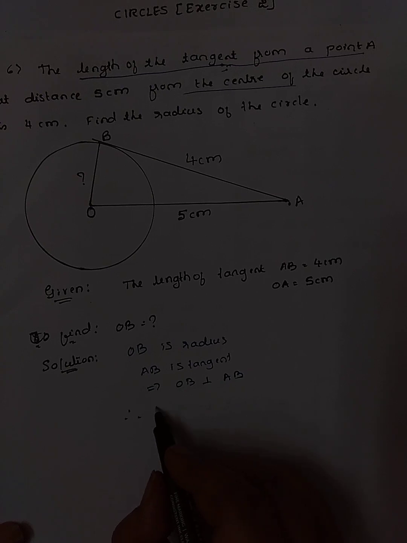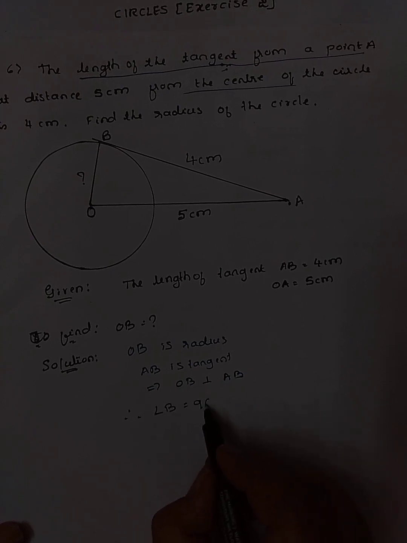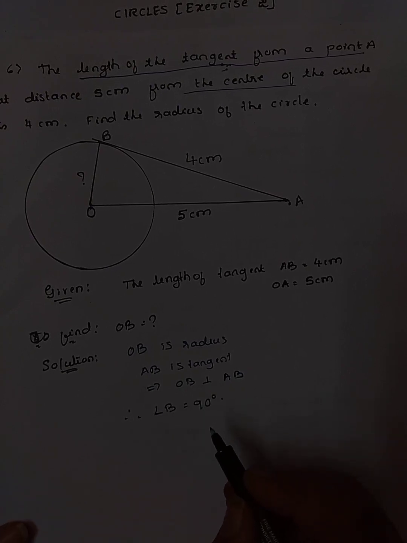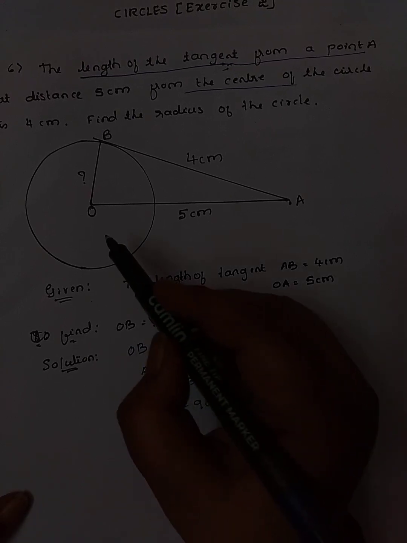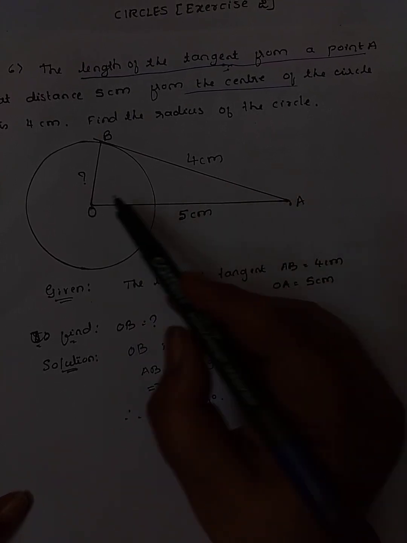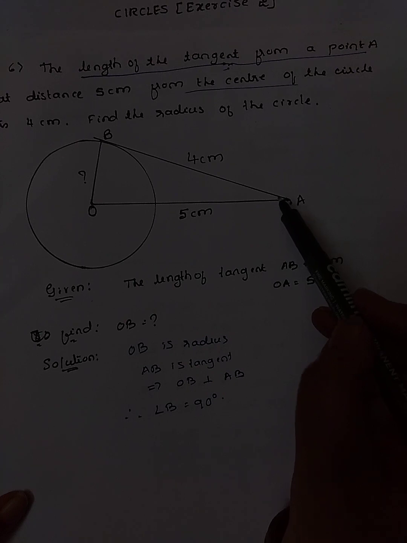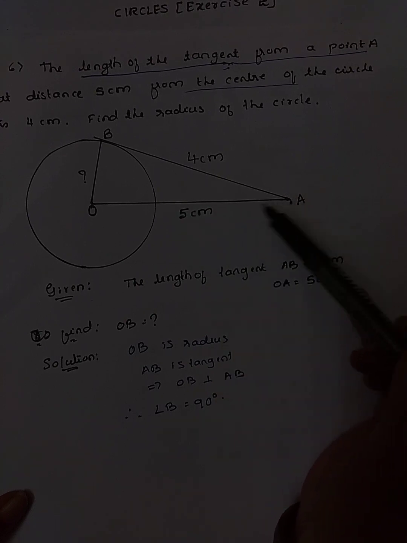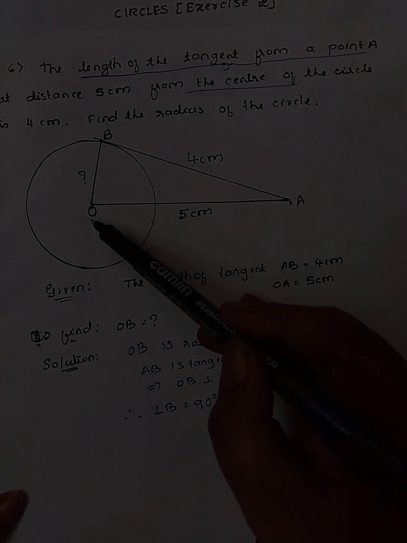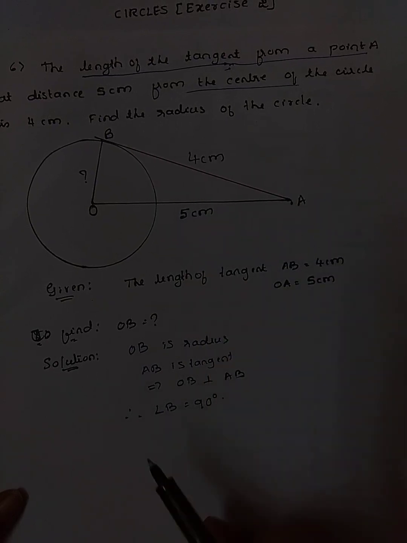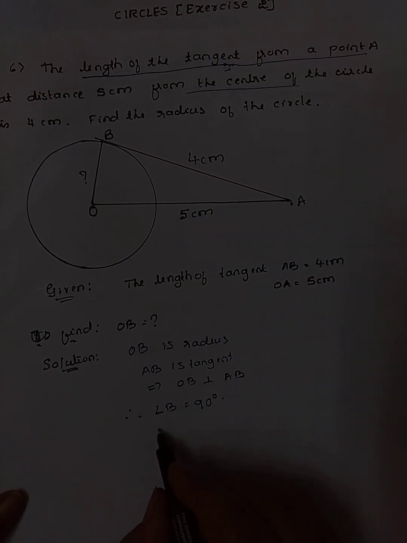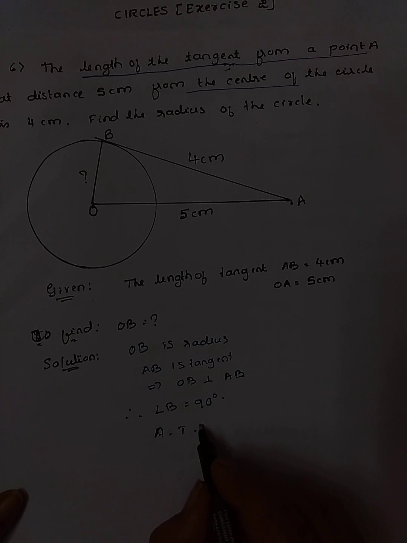Therefore, angle B is equal to 90 degrees. So when angle B is 90 degrees, OA is the hypotenuse, that is OA square equals OB square plus AB square, according to the Pythagoras theorem.